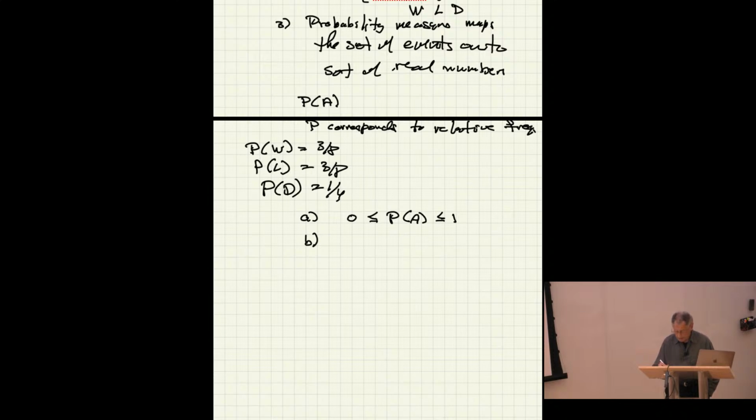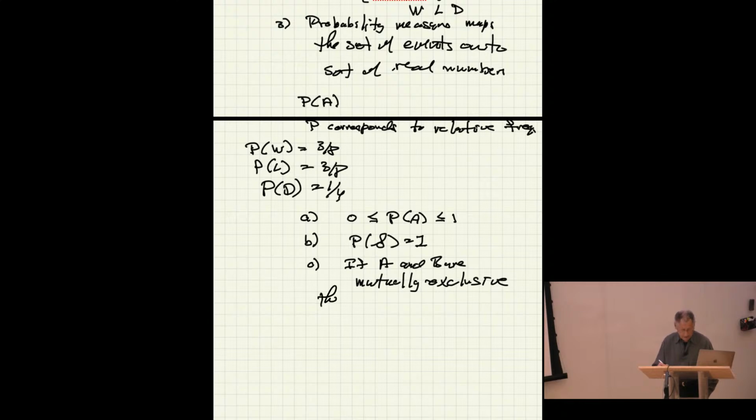Secondly, the probability of the entire sample space is equal to 1. And third, item C, if A and B are mutually exclusive, and I'll define that in a moment, then the following is true.